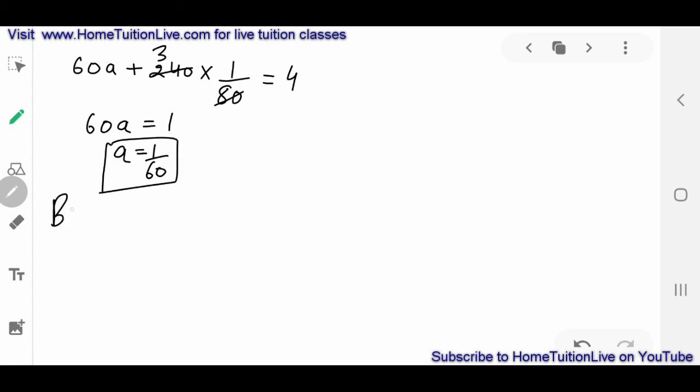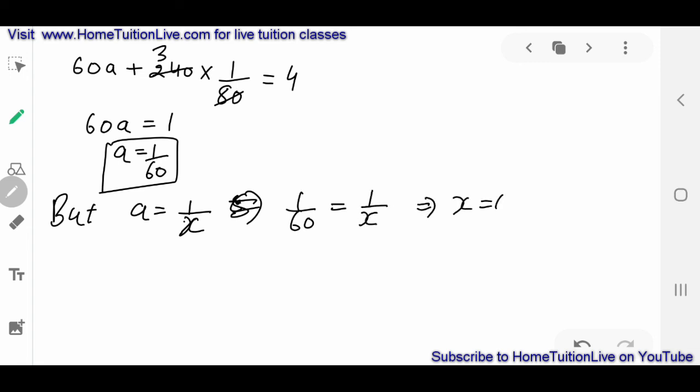But a is equal to 1 by x. This implies 1 upon 60 is equal to 1 by x. This implies x is equal to 60, and x is the speed.